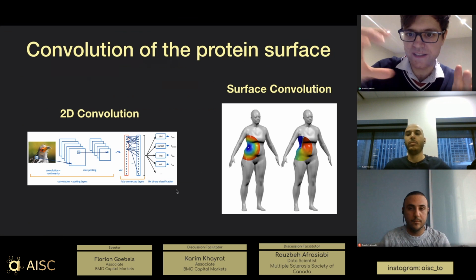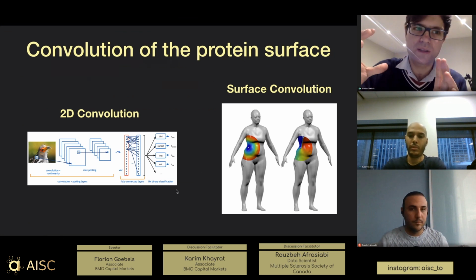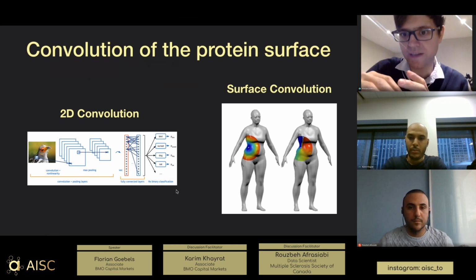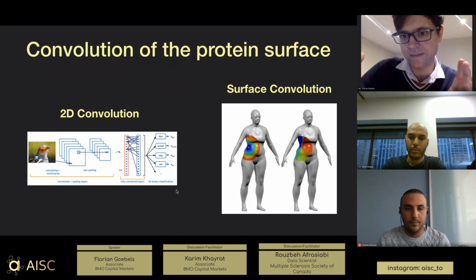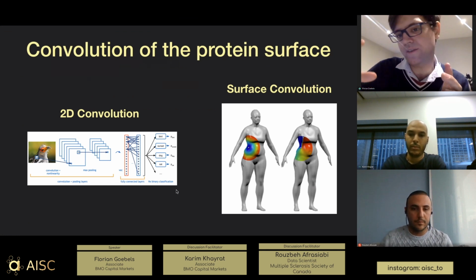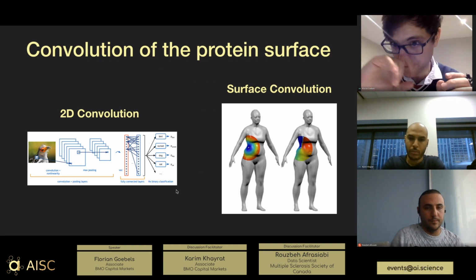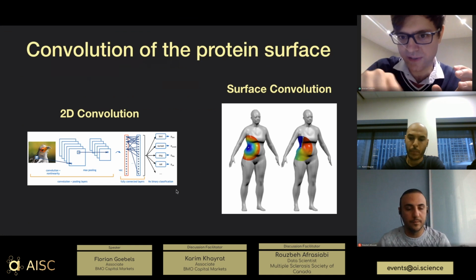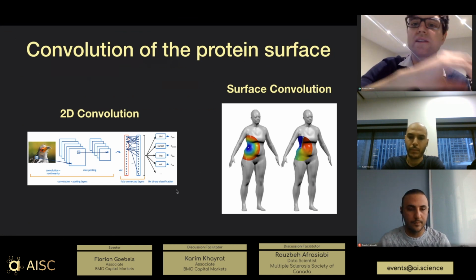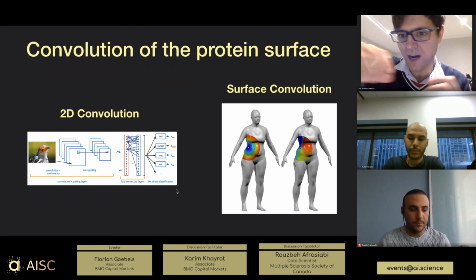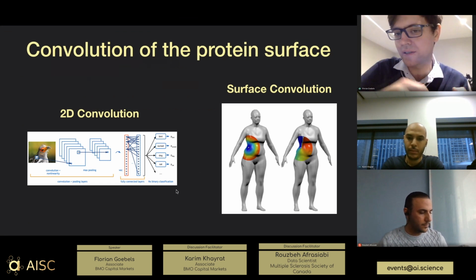So for 3D structures, as you can see on the right side, what a lot of people use, and we use here, is something like polar coordinates. The way it works is that you have some kind of geodesic distance. If you look at the left figure for the surface convolution, it's rings around the center, right? These rings determine how close you are to the center.